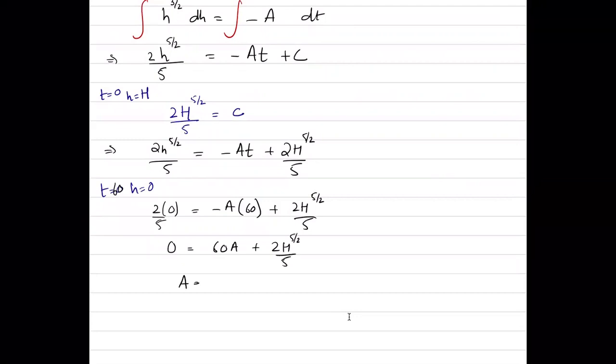So a comes out to be minus 2h to the power of 5 over 2 upon 5, and then the whole thing is divided by minus 60. So I'm getting 1 upon 50 h to the power of 5 upon 2. Can you confirm?